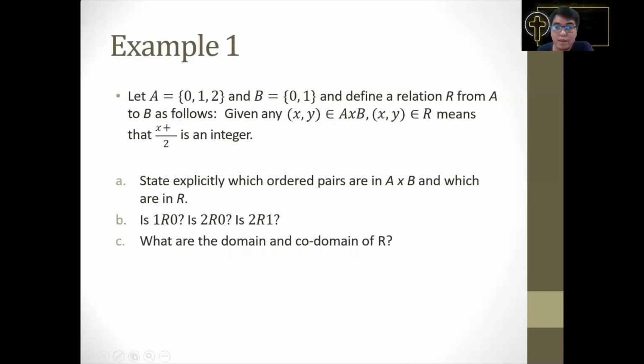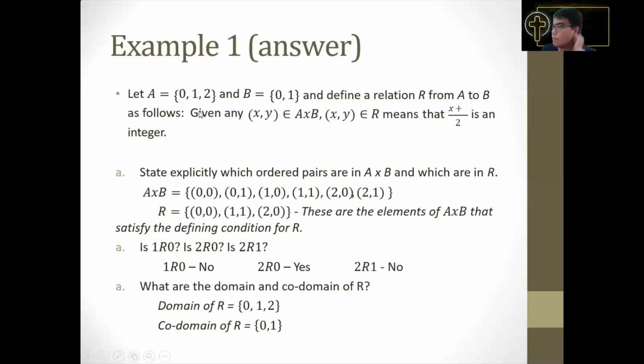So let's clarify, guys, that this is x plus y. So this question is, state explicitly which ordered pairs are in A cross B and which are in R, and is 1R0, 2R0, and 2R1 a relation? What are the domain and the codomain of R?